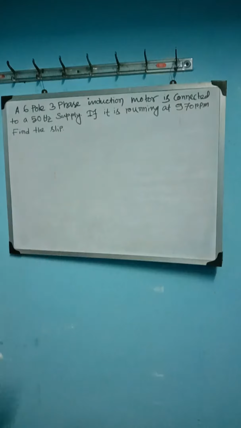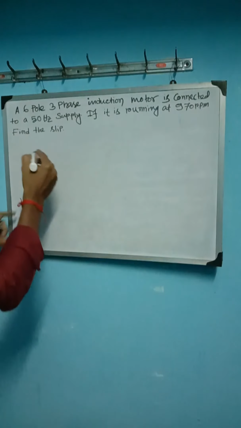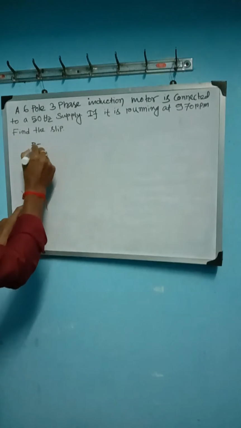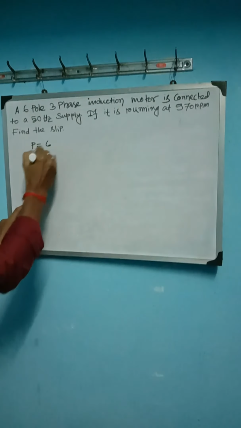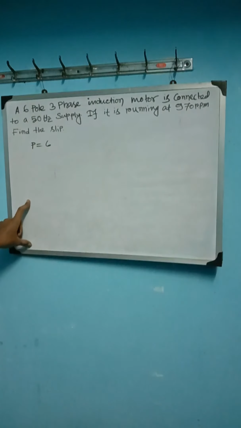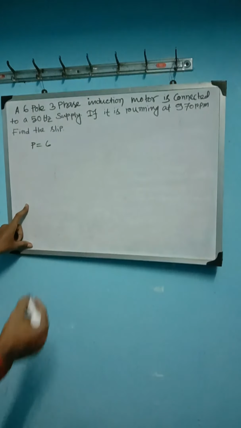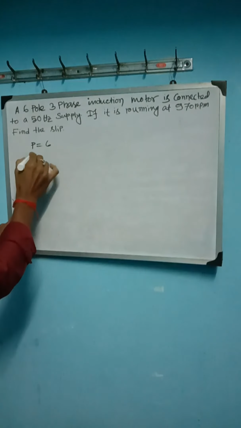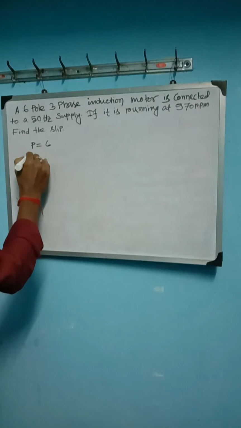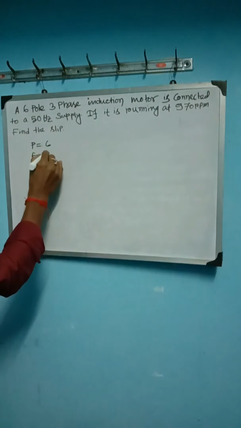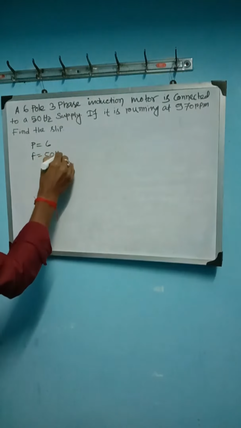Here, the number of poles P is given, that is 6, and the motor is 3-phase, connected to a 50 Hz supply. So the supply frequency F equals 50 Hz.